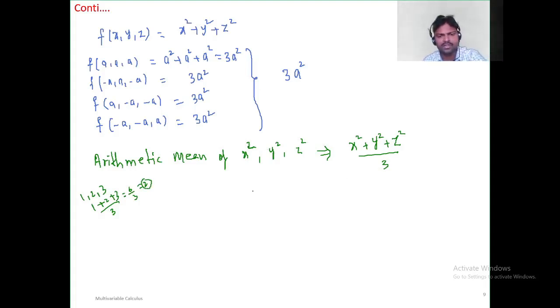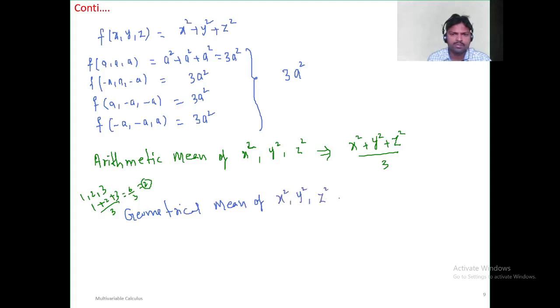Fine. Next, geometrical mean. What is the geometrical mean of x square, y square, z square? Since 3 numbers are there, it is the cubic root of the product of those numbers: x square into y square into z square.